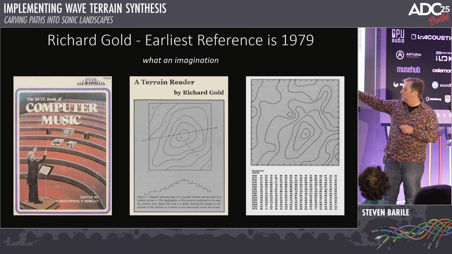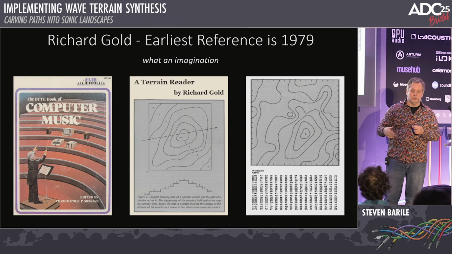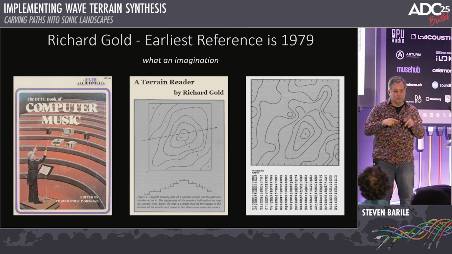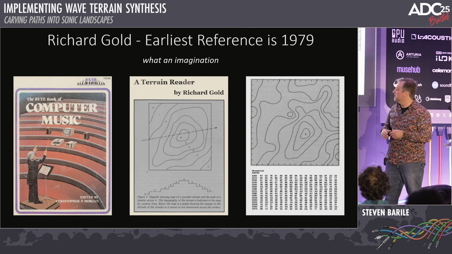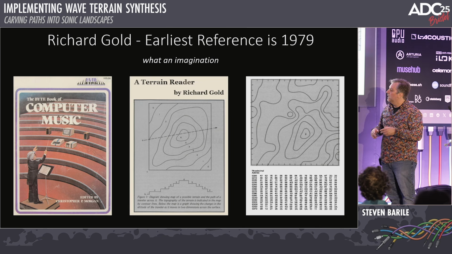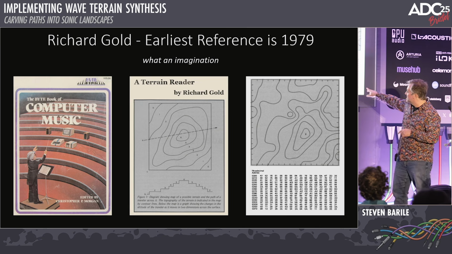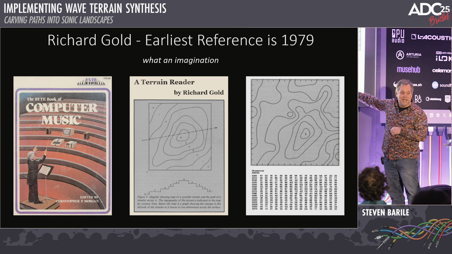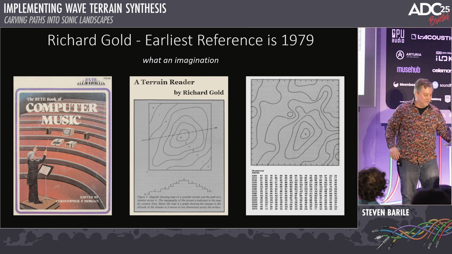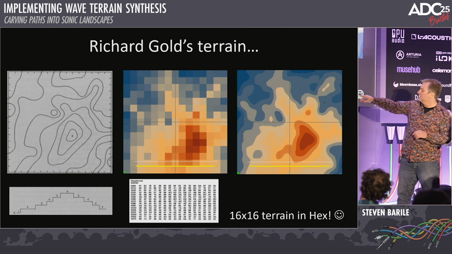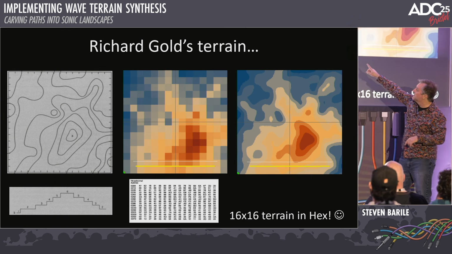So he generated the output and then used it in creating some music. This is the actual data in hex. It was a 16 by 16 sample terrain. It literally looks like this.